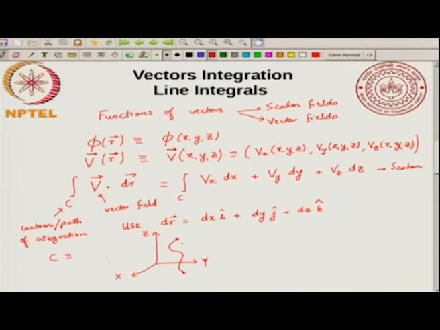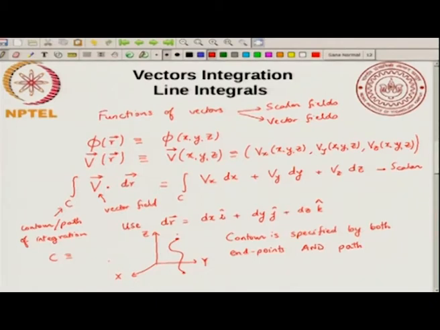So a contour is specified by both endpoints and path. This is a very important thing. When you are saying a line integral, it is not enough just to specify the limits, you have to specify the path. We will come to this when we do some examples of line integrals. So this is the definition of the line integral.